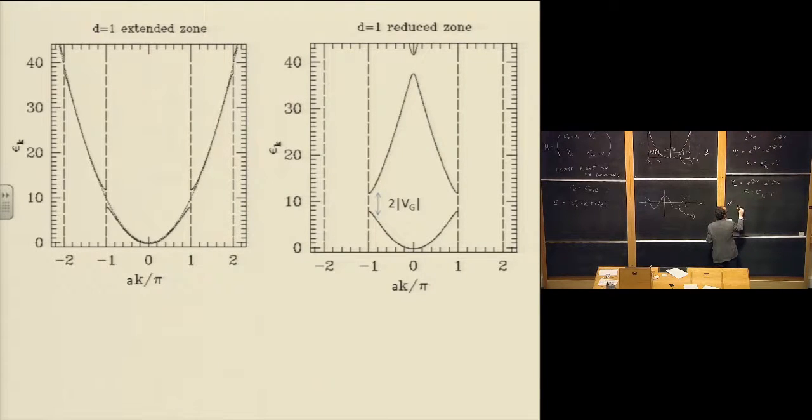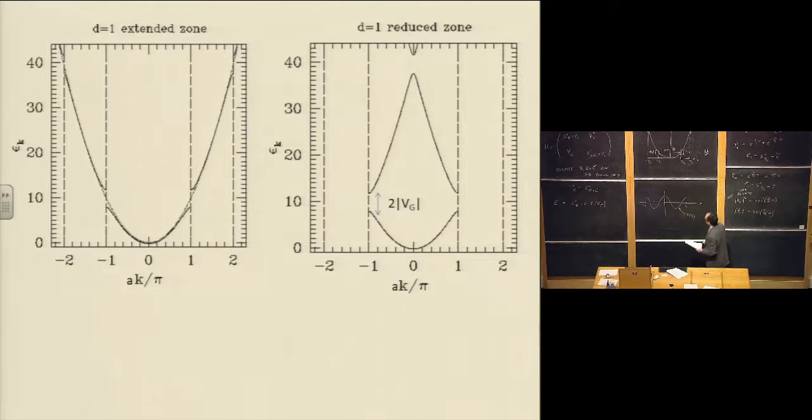Let's take psi plus, square it, so we get the probability density. So this is the probability density: psi plus squared, which is proportional to cosine squared of pi over A x, and psi minus squared will be proportional to sine squared of pi over A x.